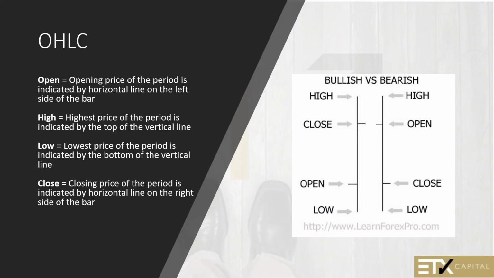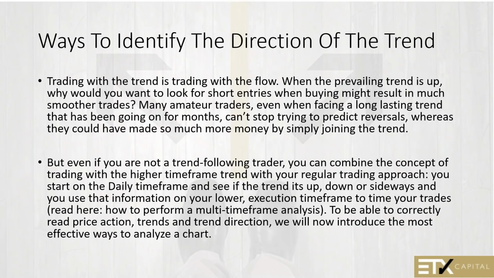But whether you're using bar charts or candlestick charts, there's only 4 pieces of information you're given, and they're the exact same price on all charts, and they're the exact same price whether you're looking at a bar or a candle, because price is price is price. That's not modified by any chart at all. And so we have the open, the high, the low, and the close. And it just depends on how it's displayed.